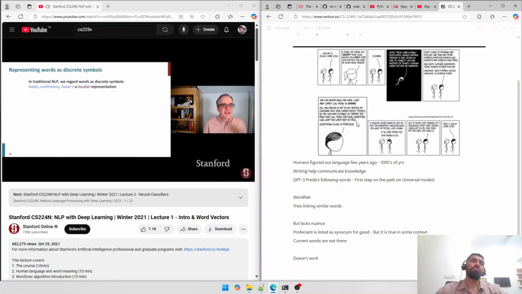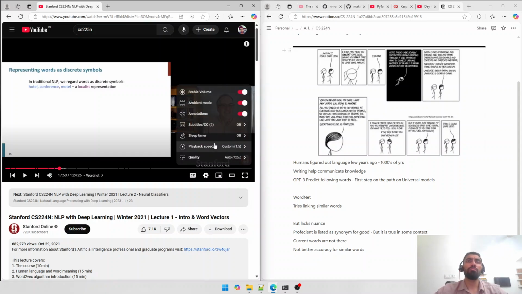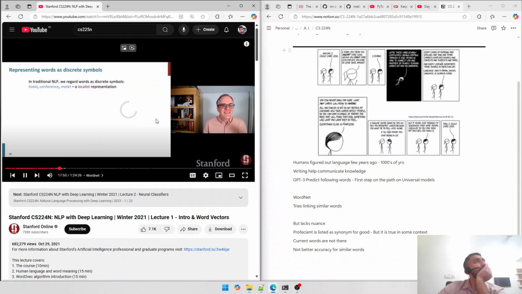Okay, so what's the problem with a lot of traditional NLP? Well, the problem with a lot of traditional NLP is that words are regarded as discrete symbols.